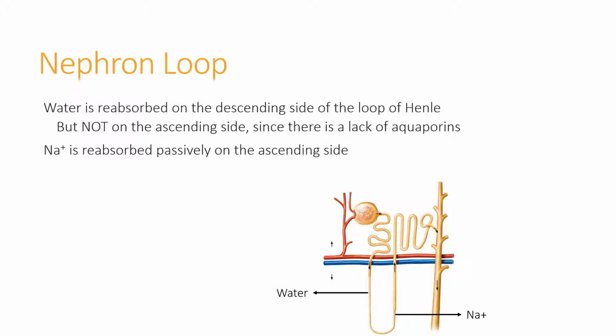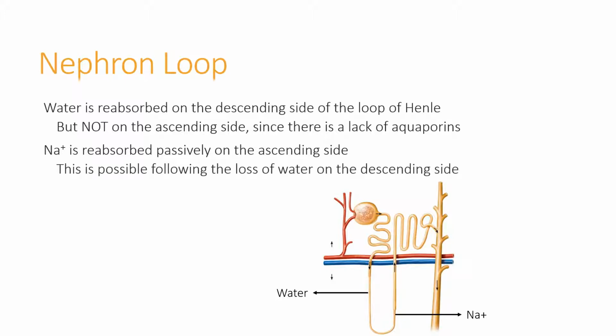Here, the lack of water, because water has been reabsorbed on the descending side, means that sodium concentrations in the nephron tube have been increased, so that on the ascending side, sodium can now move down its concentration gradient and move back into the blood. This is possible because of that loss of water on the descending side of the loop of Henle.